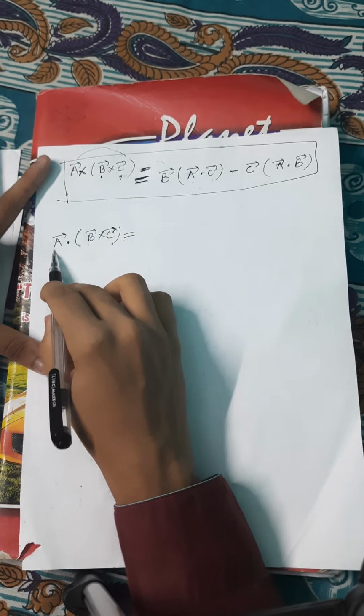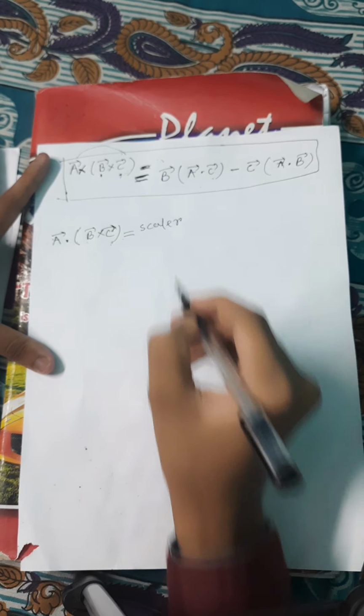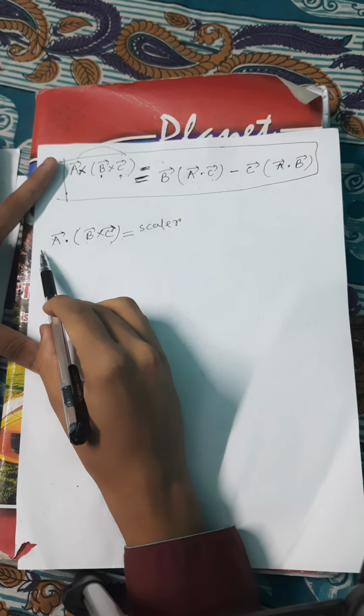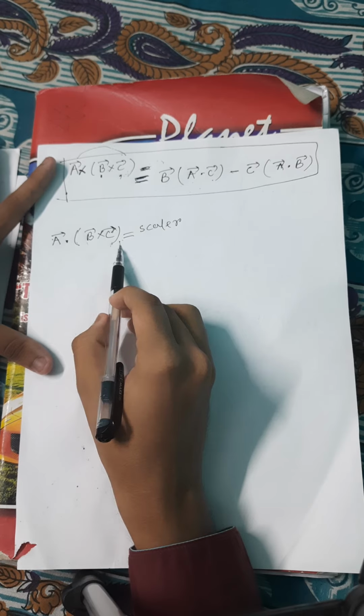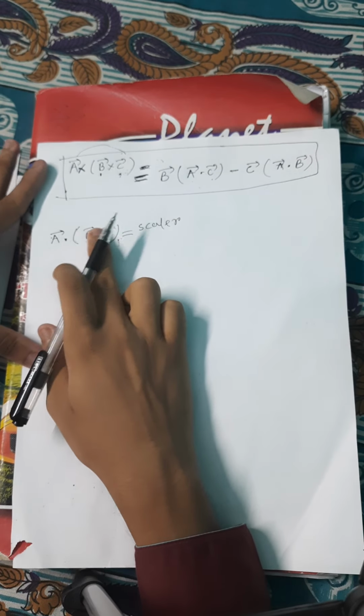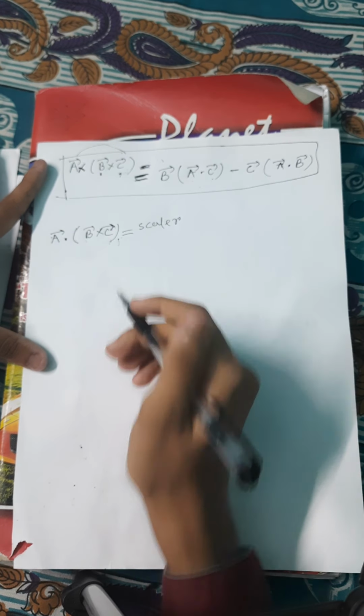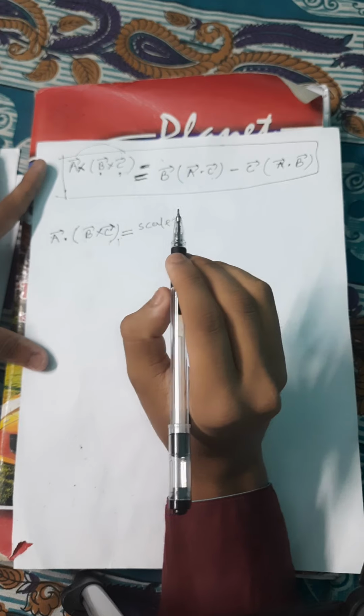That's why it is called a scalar triple product. For this we don't have an expanded formula, but we can rearrange terms. Let me tell you how we can rearrange this.